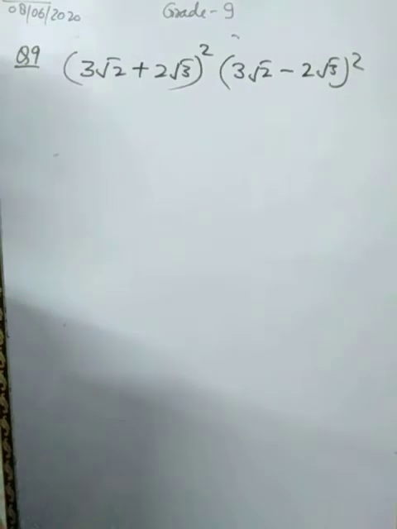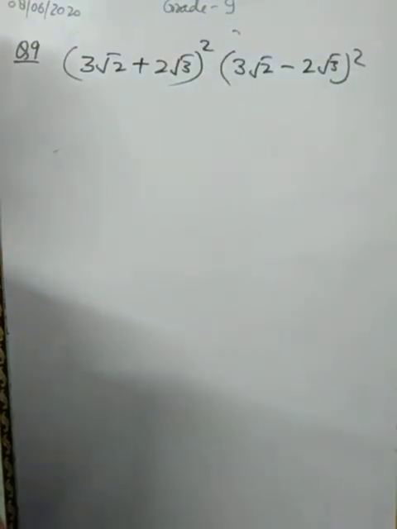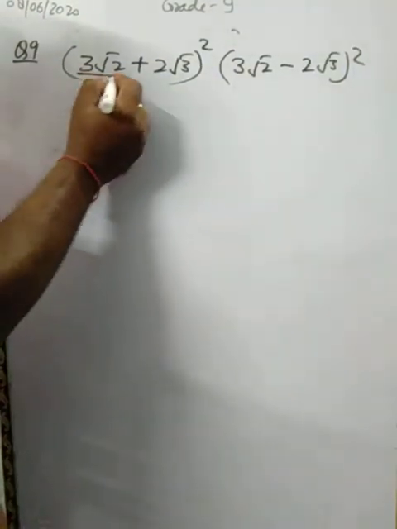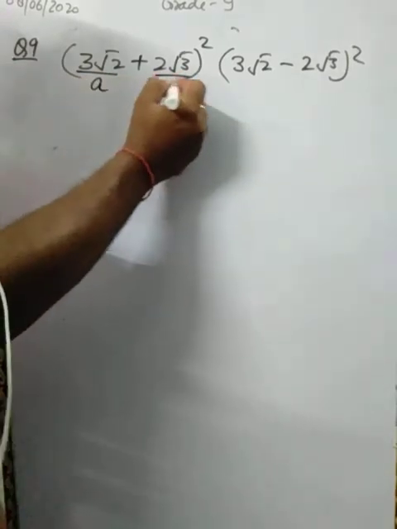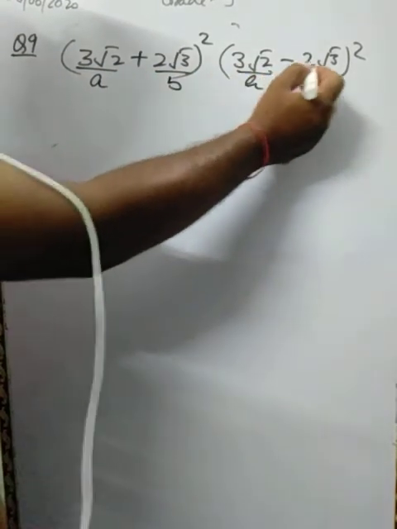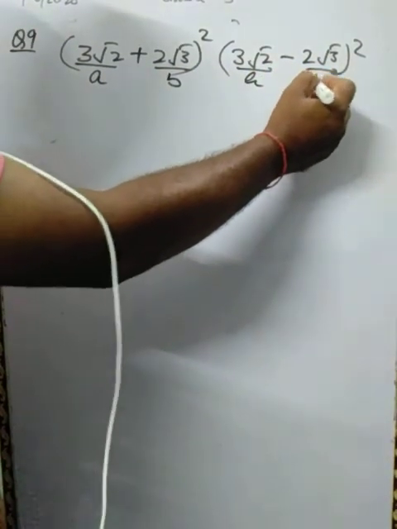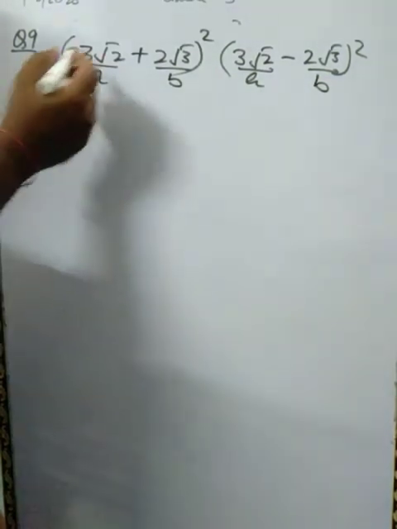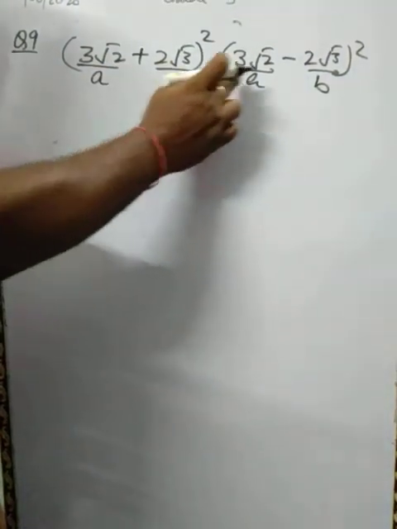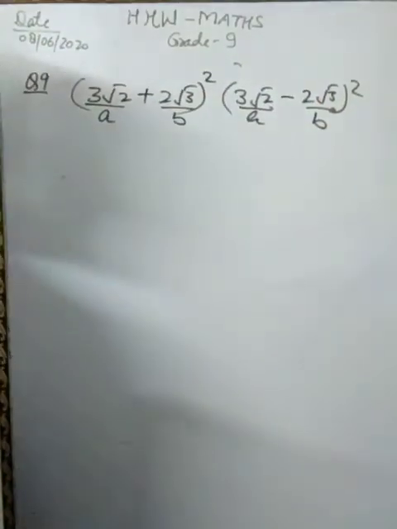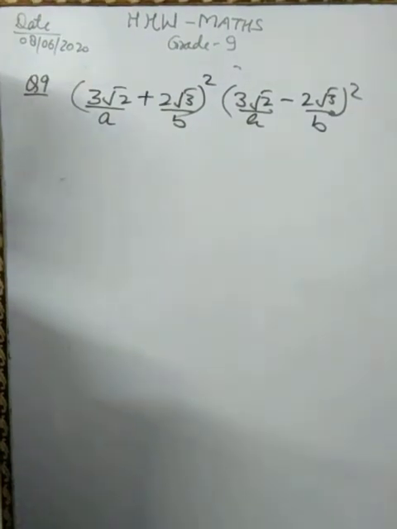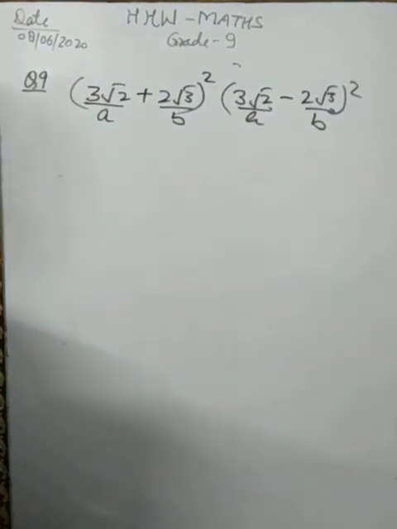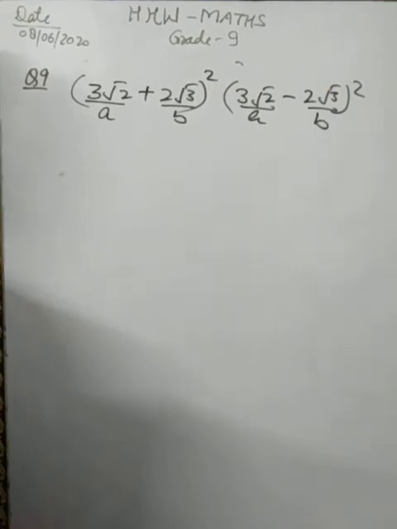whole square, right? You can consider this as A, and this one as B. Means this is in the form of A plus B and this is in the form of A minus B. There is an identity, and using two identities we have derived a formula.